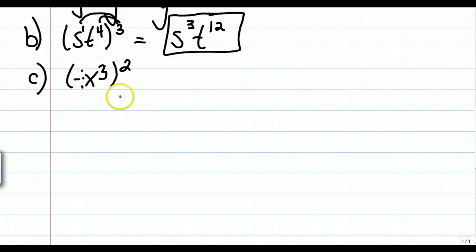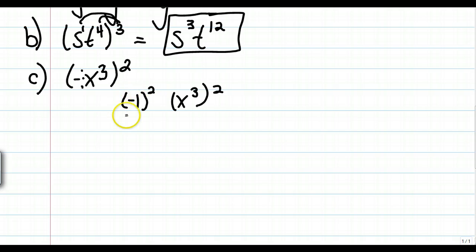So right now, you have negative 1 to the 3rd power, and you have x to the 3rd. I'm sorry, it's actually to the 2nd power, if I write it down right. Sorry, because of this 2, right? But then you have x to the 3rd squared. So again, you have the negative 1 squared, and you have the x to the 3rd squared.